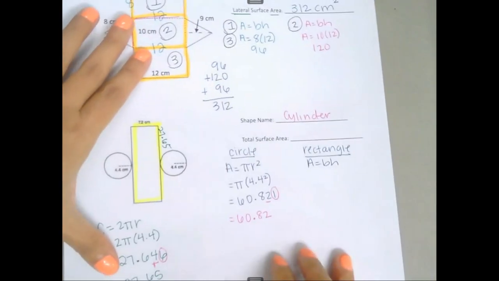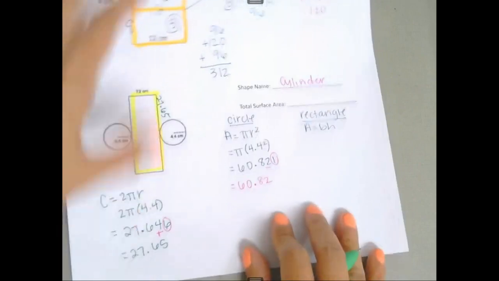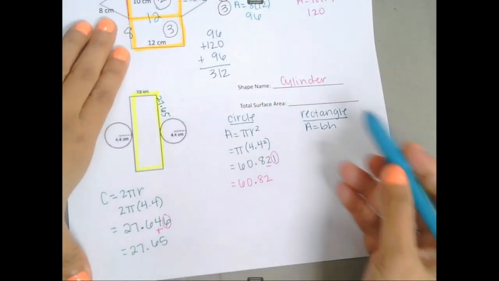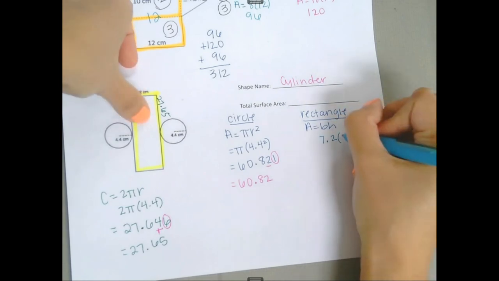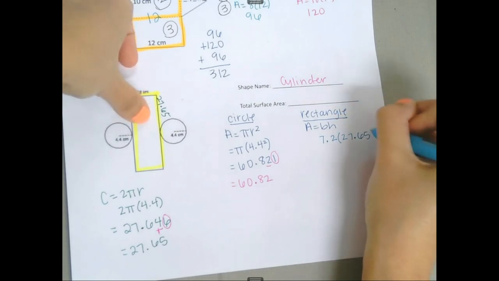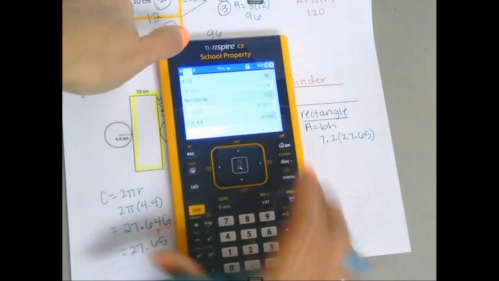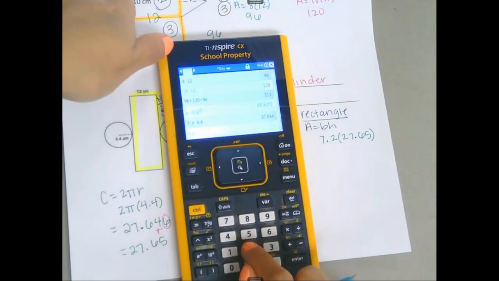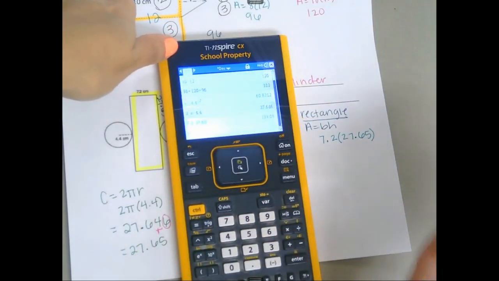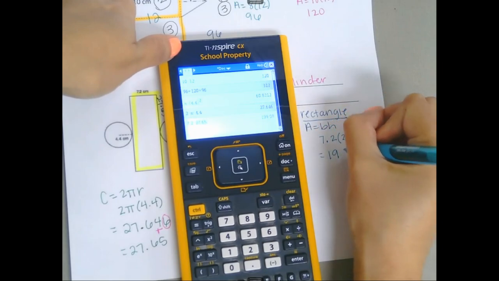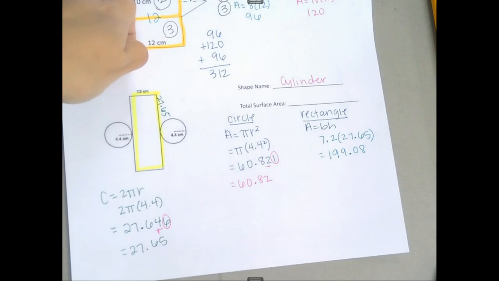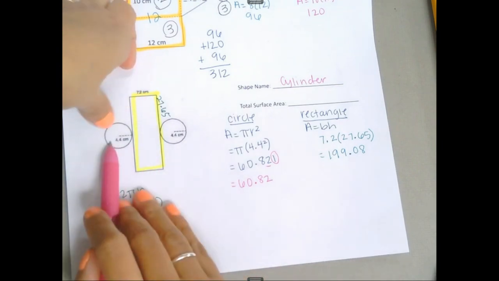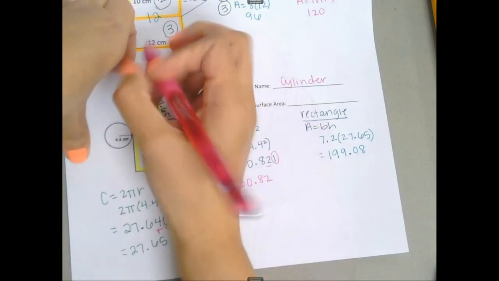So now I can do my base times my height for my rectangle. So I'm going to do 7.2 times 27.65. And that would give me 199.08.